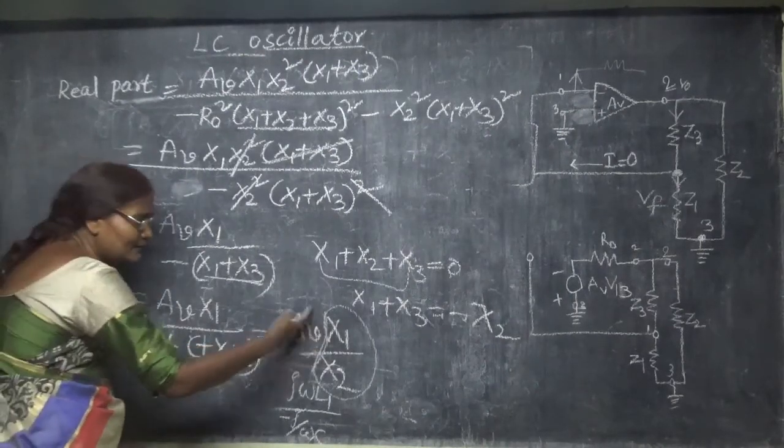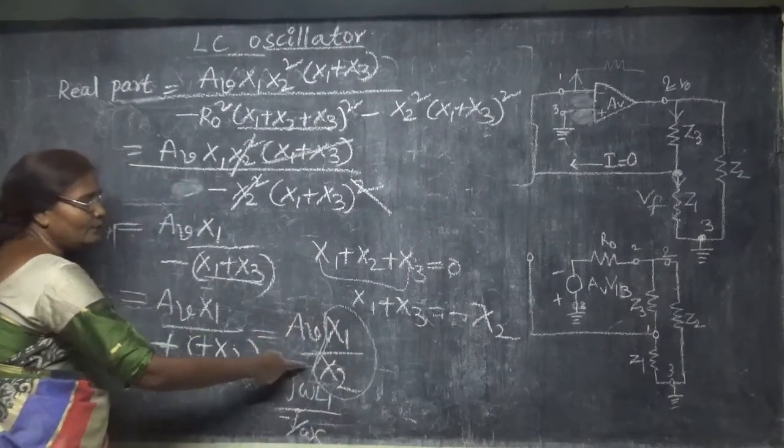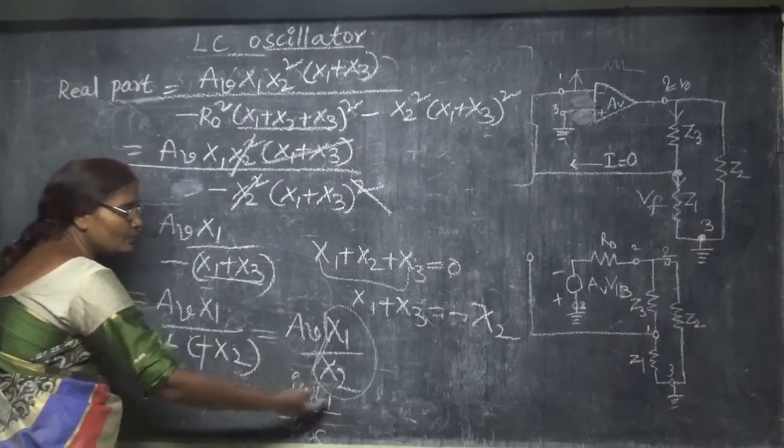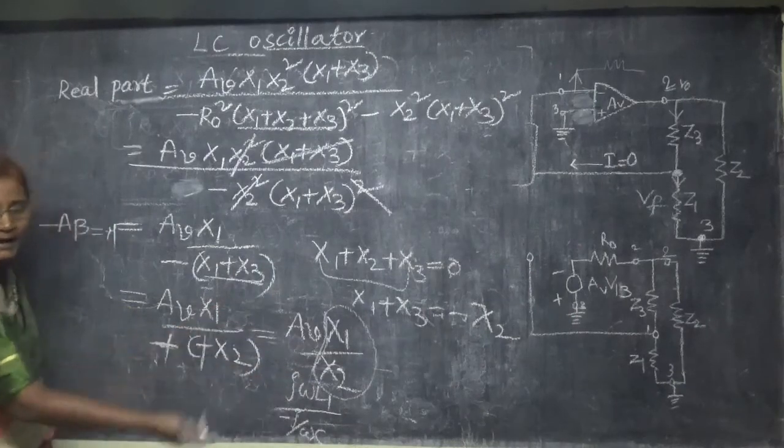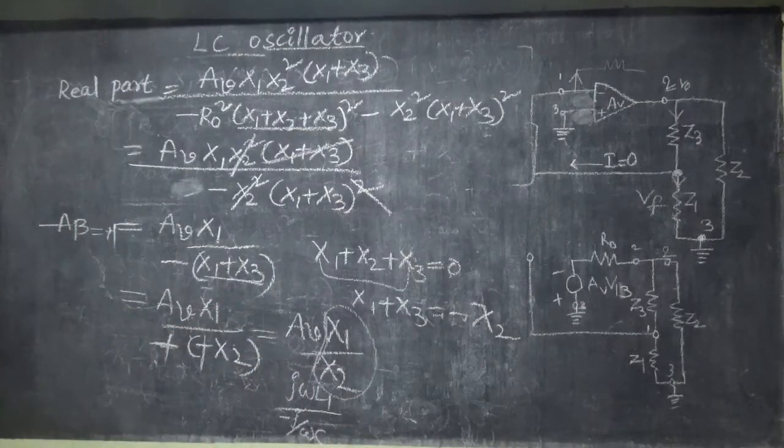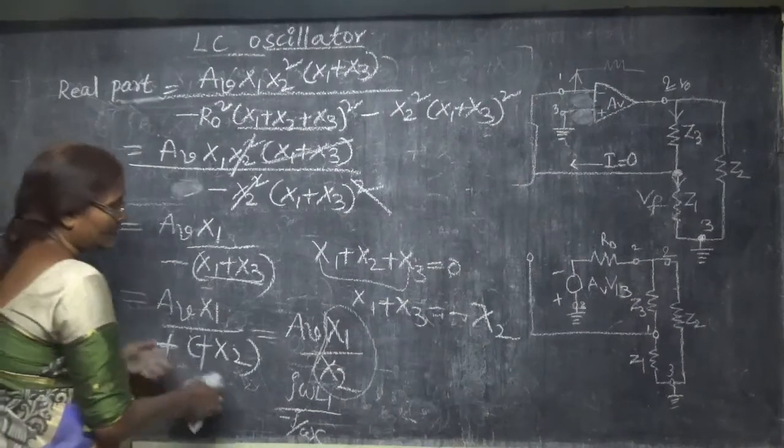So to make this total value positive, x1 and x2 should be either both inductors or both capacitors. So they should be the same elements.